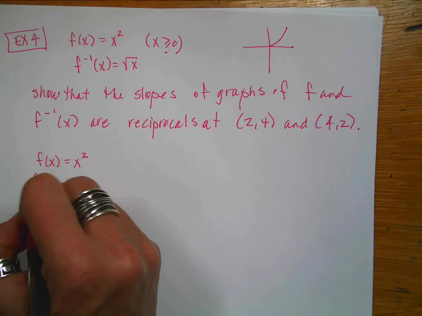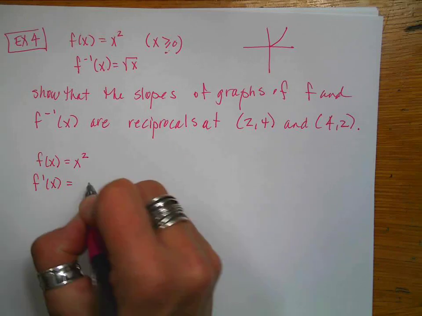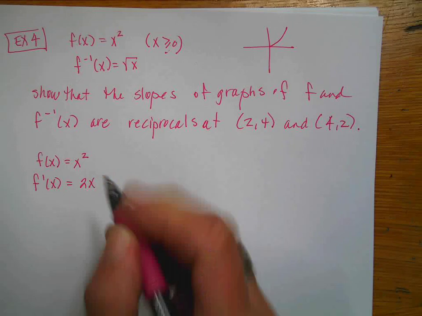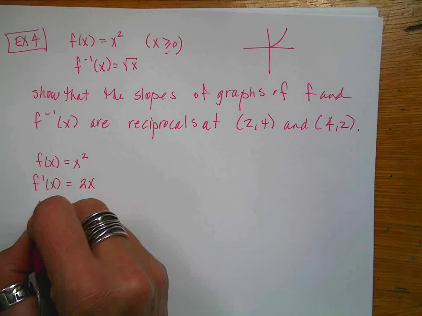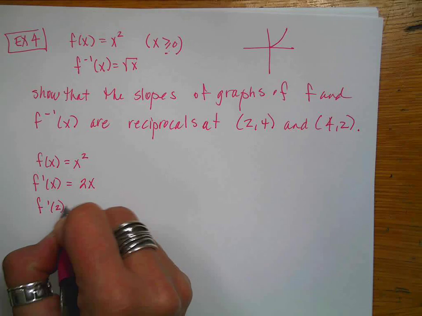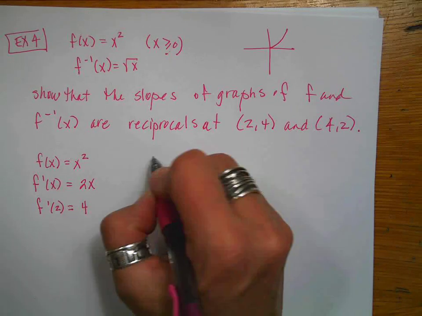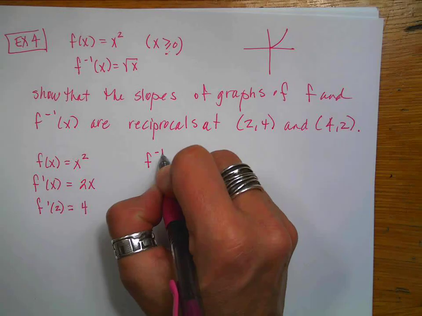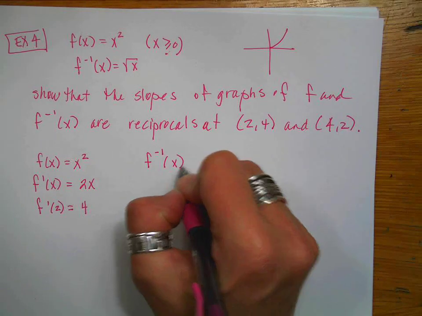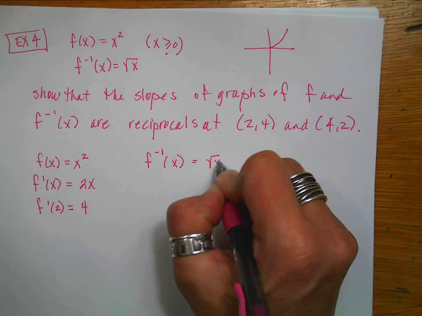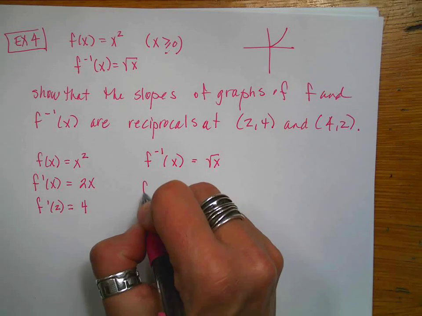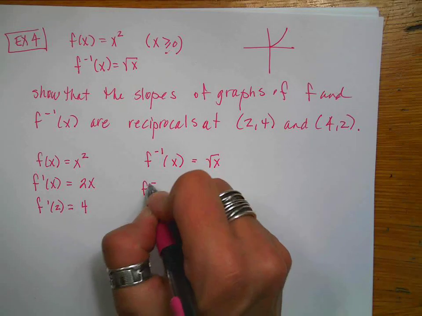So I have f of x is equal to x squared, and I have f prime of x is going to equal 2x, and then I want to do f prime of 2, and when I do that, I get 4. So then I'm going to have the inverse of x, which is square root of x, right?